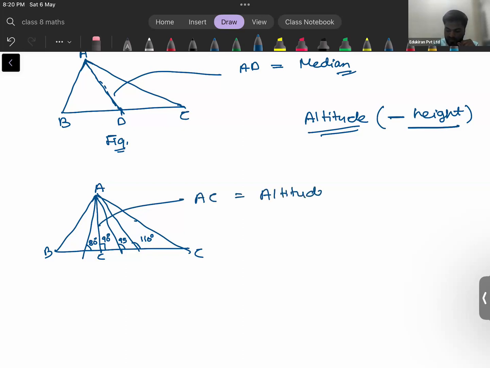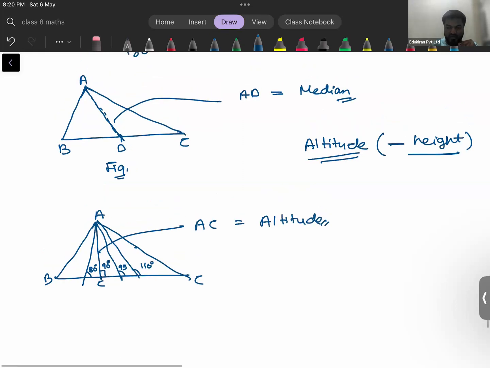So in a triangle, how many medians are there and how many altitudes are there? We can draw three medians, one from each vertex. Maximum three medians can be drawn in a triangle, right?